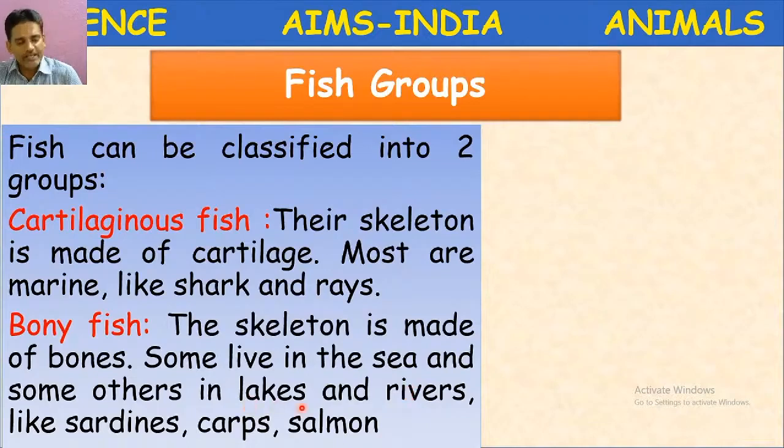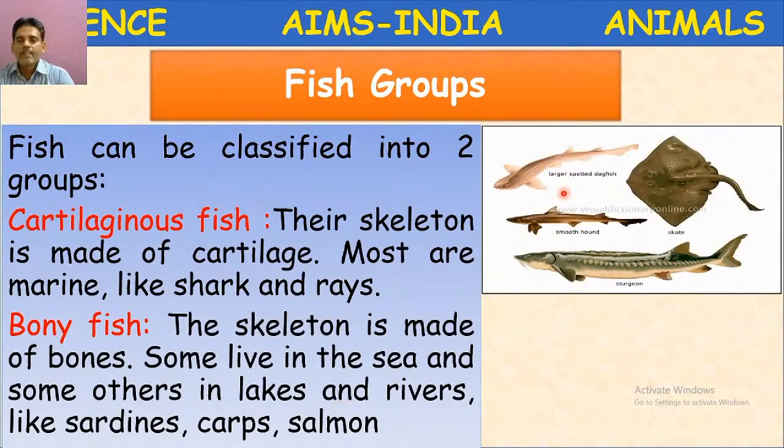Means in different types of waters, these bony fishes can survive. For example, sardines, carps, salmon. These are all examples of bony fishes.